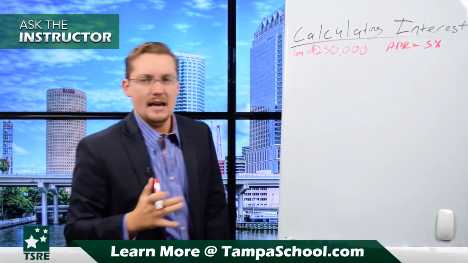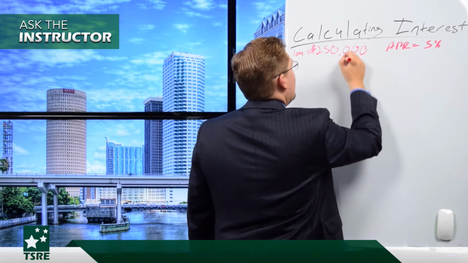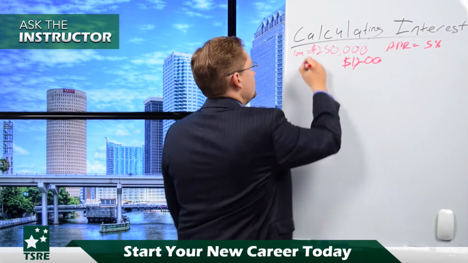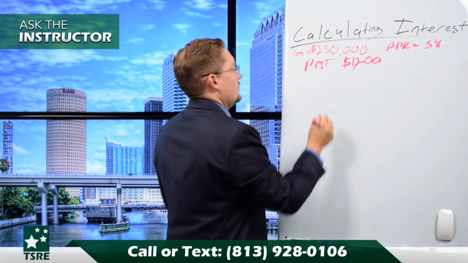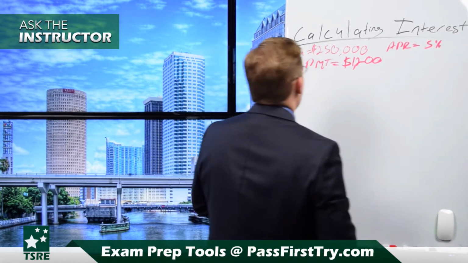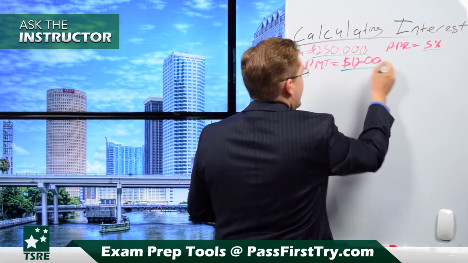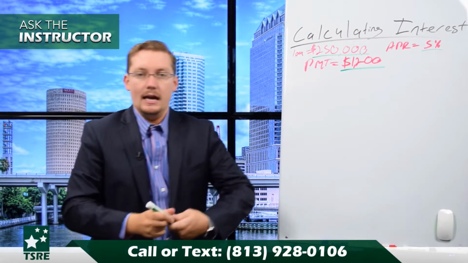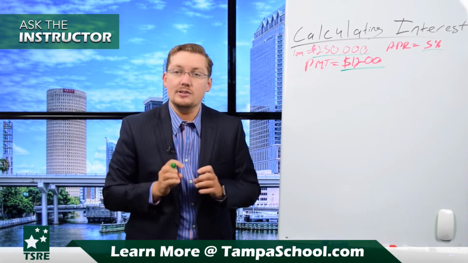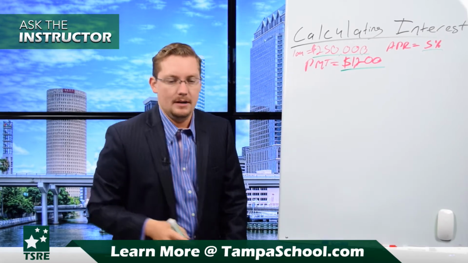And let's also say that our monthly payment is about $1,200. So we've got the three variables that we need to solve this. We've got our loan of $250,000, our APR of 5%, and our payment of $1,200. If you're taking one of these questions on the exam, these are the three things you need to pull out first and foremost: the loan amount, the APR, and the payment amount.